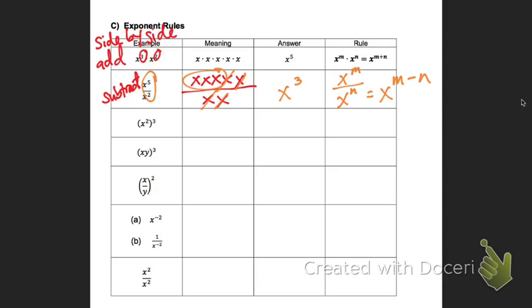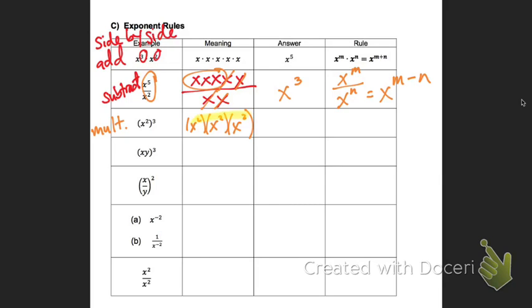Now, next one. So we have our fists, we add, we subtract. The next one is power to a power. So there's one that's above the other slightly, like diagonally. When you have a power to a power, you multiply. It's like saying x squared, x squared, x squared 3 times.